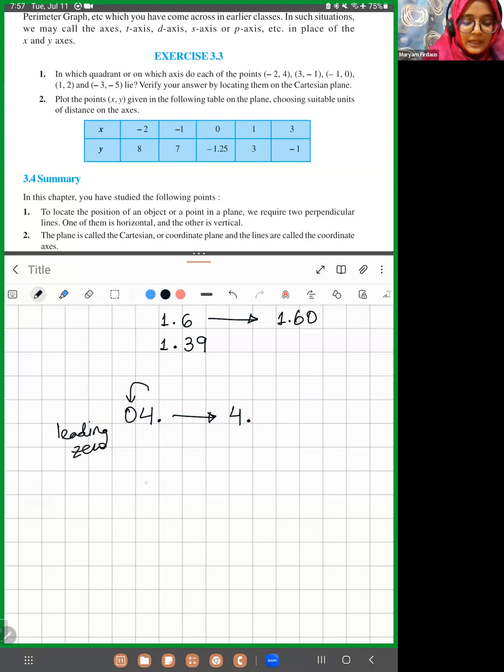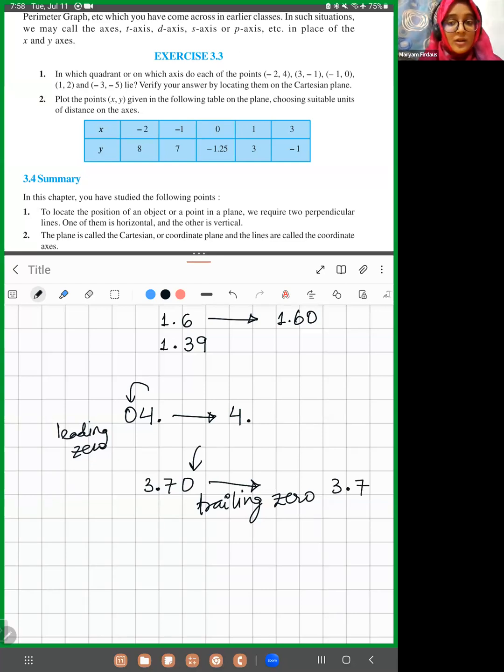And if you have something like, let's say, 3.70, this 0, which is the last digit, is called the trailing 0, and you can drop this as well. It doesn't change the value. This becomes 3.7.